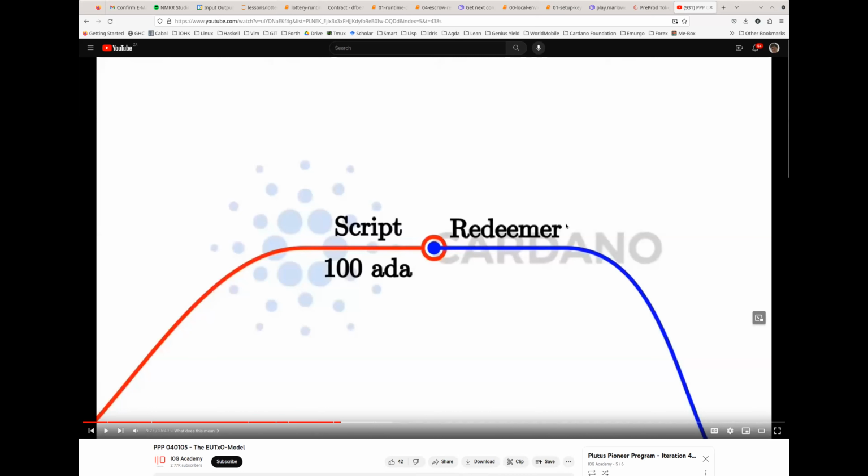And to replace the signature, if you want to spend this, with some arbitrary piece of data, that's called the redeemer. So basically, the E extends the UTXO model from where the addresses are just hashes of public keys. Now they can be scripts, or rather hashes of scripts, and signatures get replaced by arbitrary pieces of data.